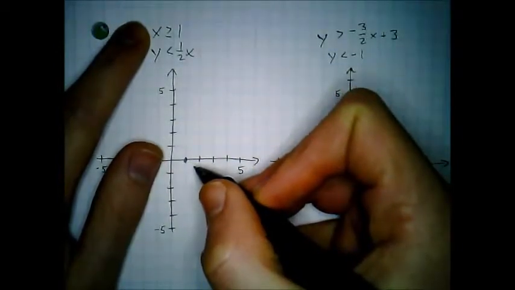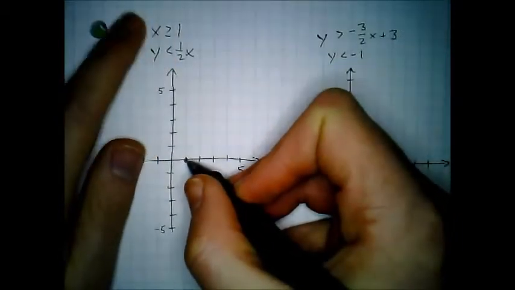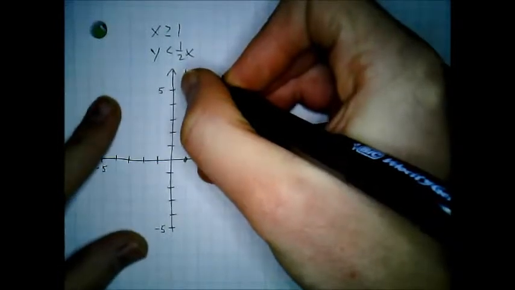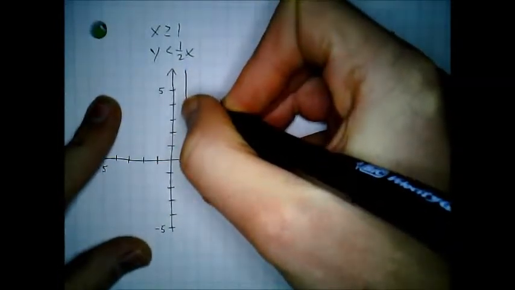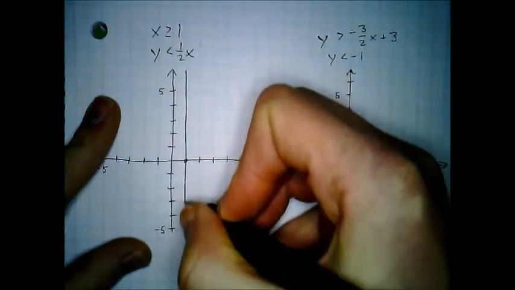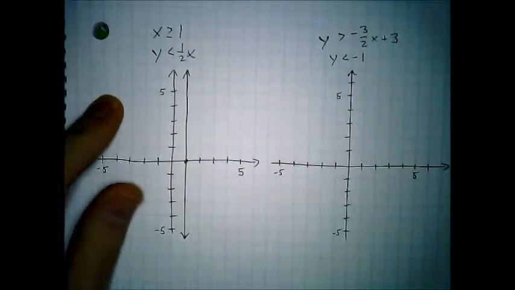That's the boundary line we want to graph. Since x equals 1 and we have nothing else in that equation, that means x always equals 1. So our boundary line in this case is simply the vertical line at x equals 1.